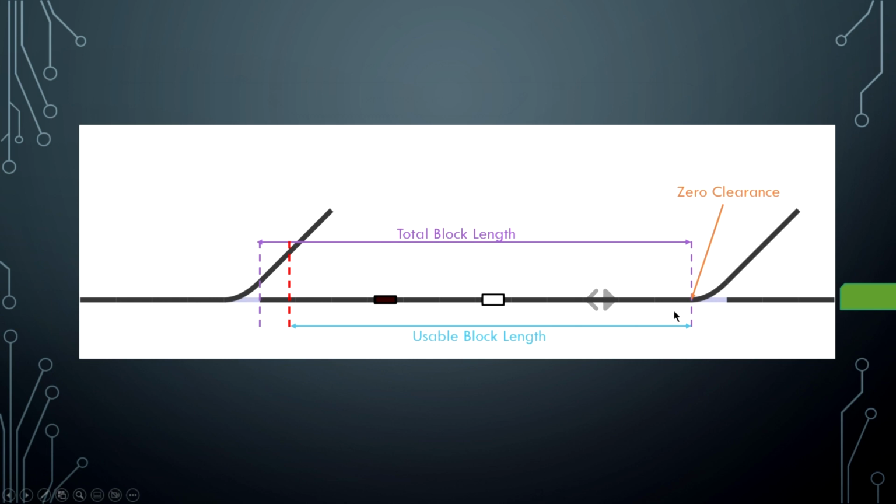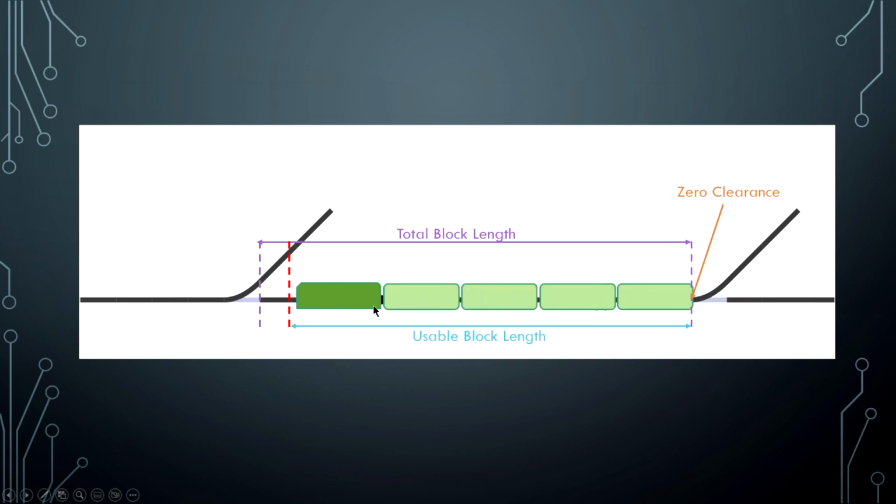However, look carefully for blocks that have 0 clearance at the toe end of a turnout and in which trains will stop that have a train length equal to or slightly less than the usable block length.